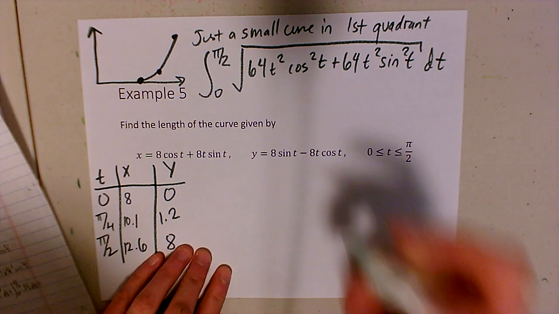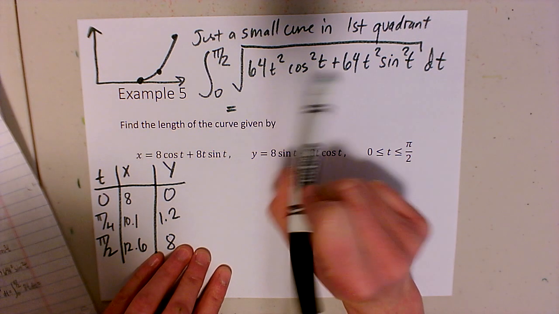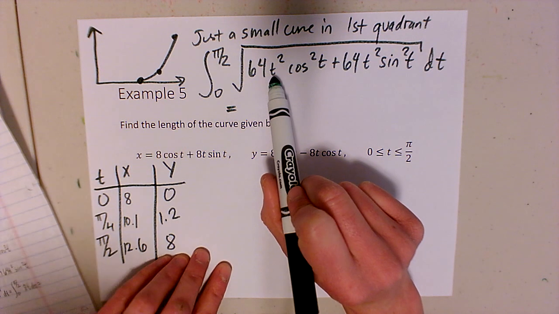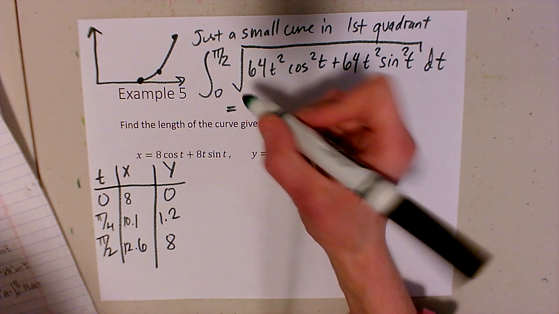Now, our next step, both of these contain a 64t squared. So if I pull the 64t squared out, and if I want to pull it out of the radical, I'm going to have to take the square root of that.